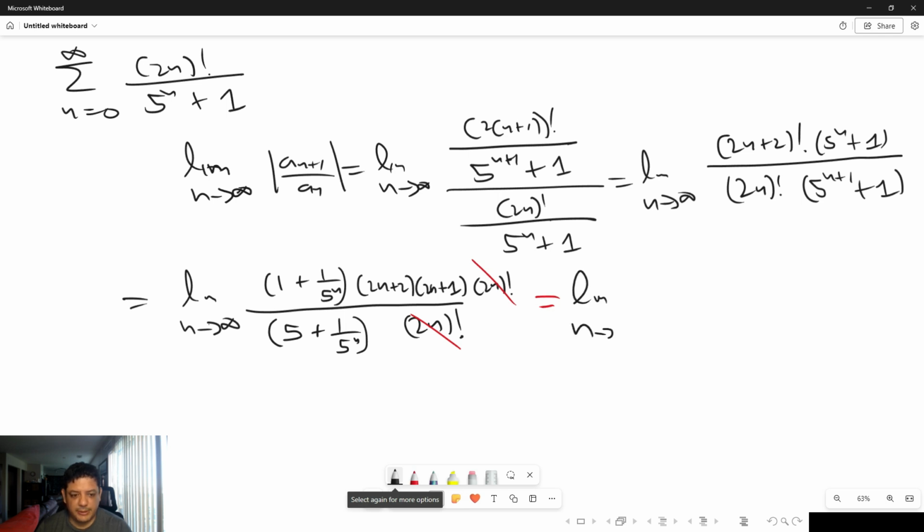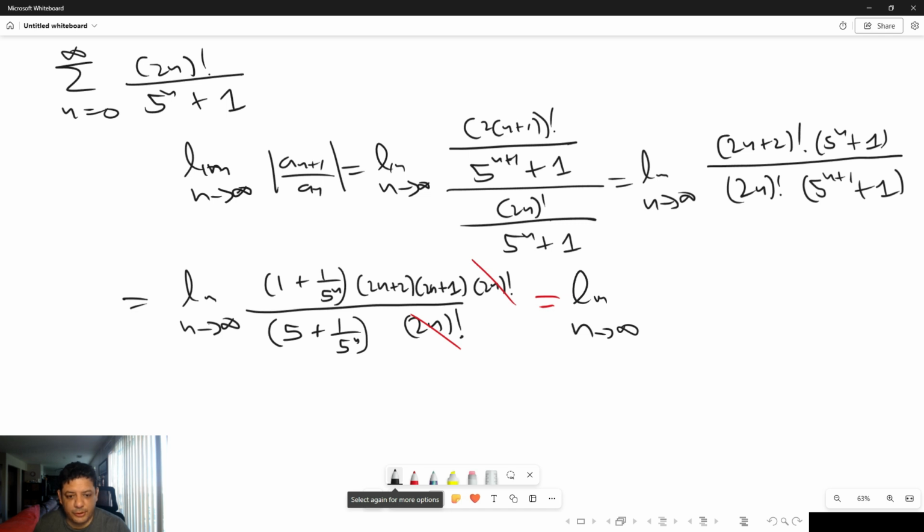And so we get a limit when n goes to infinity. And now we get a factor here, which is a quadratic term. And this quadratic term is going to pretty much drag on the rest of everything here. This is going to grow much faster than the 5 to the n.